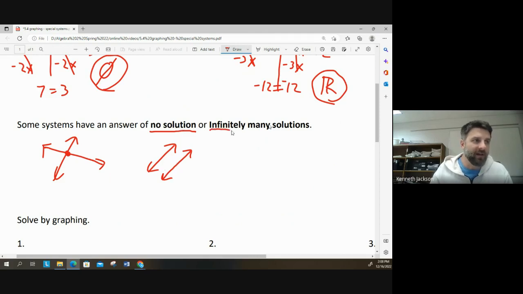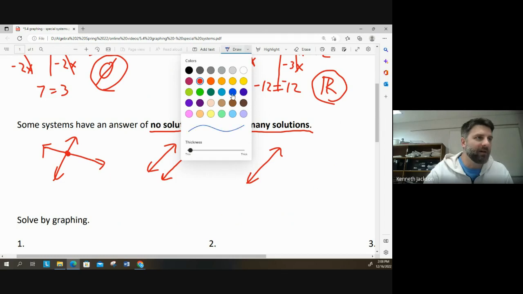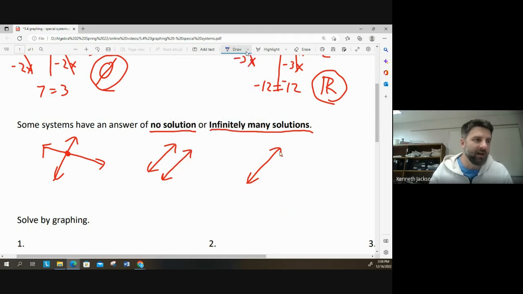And on the other side of that, again, if we've defined the answer as the point where they cross, well, how could they cross infinitely many times? Well, that would be one line graphed directly on top of another line. They share an infinite number of points together. So you could say this one, this one, this one, this one, all of them, all of the points on the line.